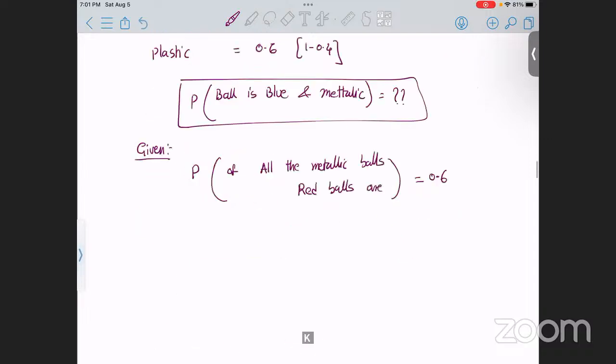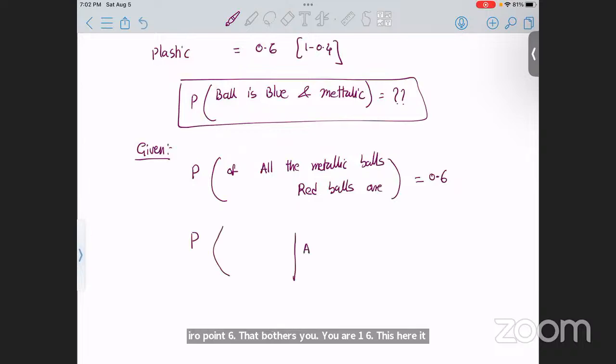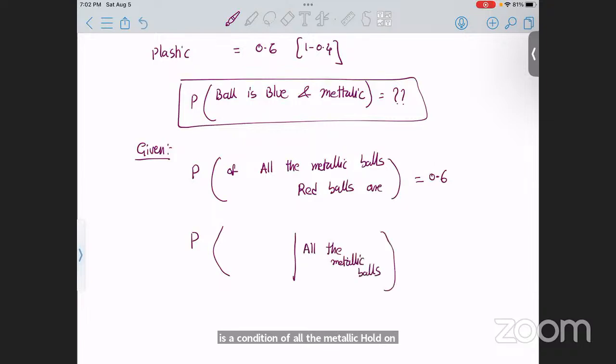Here it is a condition: of all the metallic balls, the ones that are red. So it is 0.6.